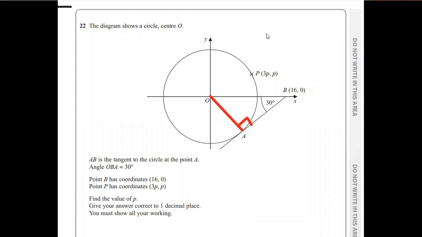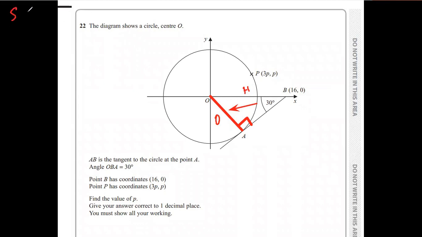So if this is a right angle triangle, this side here, which is a radius, OA, must be the opposite. And this side here, which is 16 long, must be the hypotenuse. Right, so if we're using SOHCAHTOA, it must be OH.